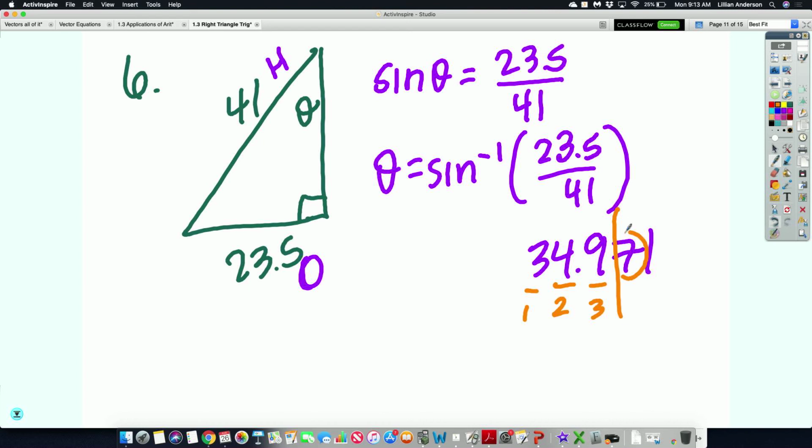But you need to look at the number afterwards to see if you need to round up or keep it the same. Well, that 7 is going to cause that 9 to round up, which is going to cause that 4 to round up. So when you're rounding to three significant figures, this is actually 35.0. The 0 basically is that placeholder for that third significant figure because that 9 ended up getting rounded up. Okay? So it will be 35.0. And yes, you would need that place.